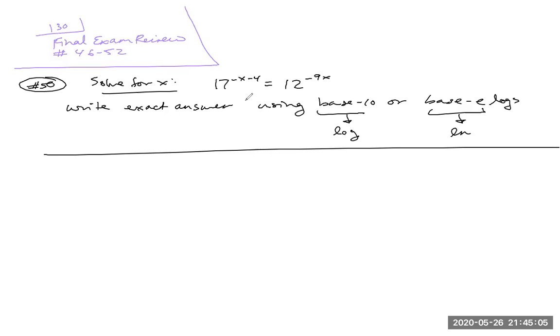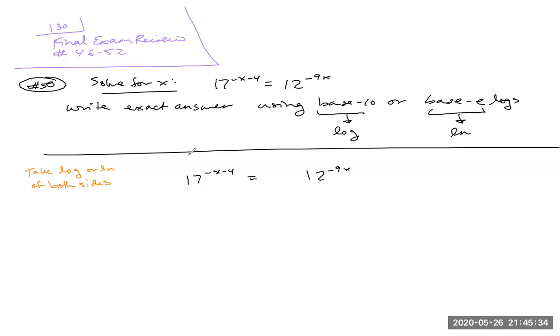Okay, so here we go. You have your 17 to the negative x minus 4 equals, give yourself some space, 12 to the negative 9x. Do note that 17 and 12 cannot be written in the same base. So we are going to take log or ln of both sides.